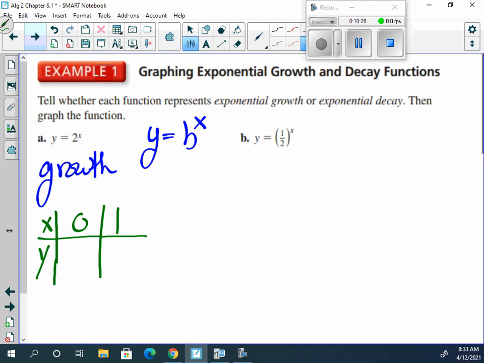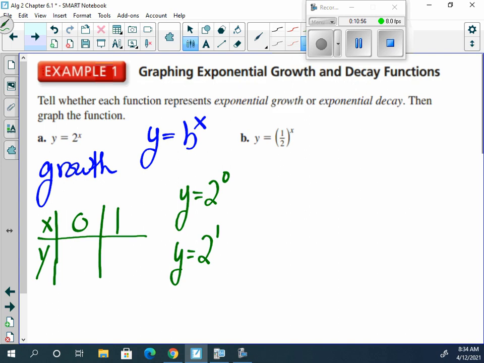Now, if you're graphing this or looking at graphs and trying to determine which of the following graphs represents the exponential growth or exponential decay, the two numbers that I would kind of look at is 0 and 1. And I would just plug them in. y equals 2 to the 0.